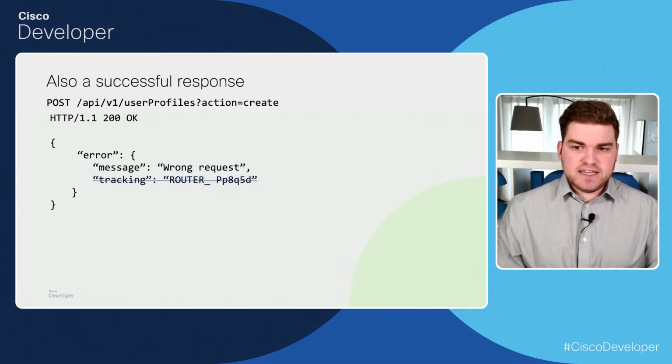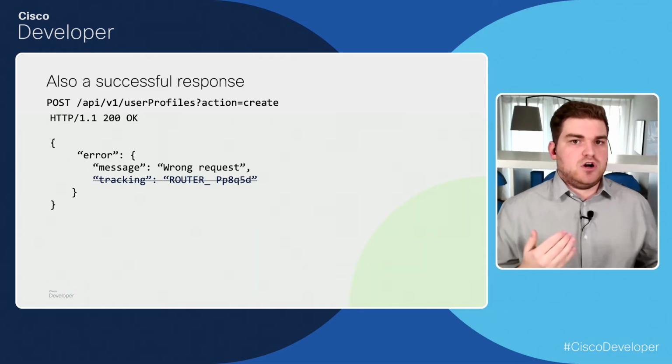The tracking ID would make it quite easy for the developer support team to look up that ID in your logs and see, oh, my API gateway threw an error that says, hey, you're sending a wrongly formatted request. Username is a required field. They could pass that information back to the user. So not having that tracking ID makes it even harder, both for your support team as well as your developer audience. So let's also get rid of the tracking ID, right?